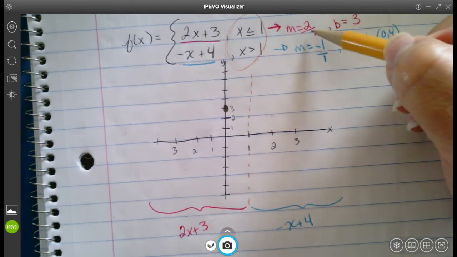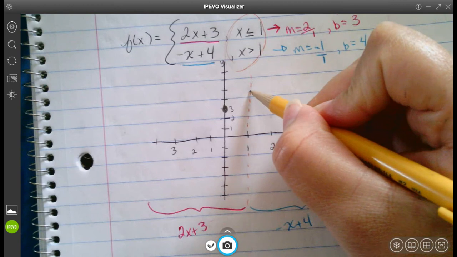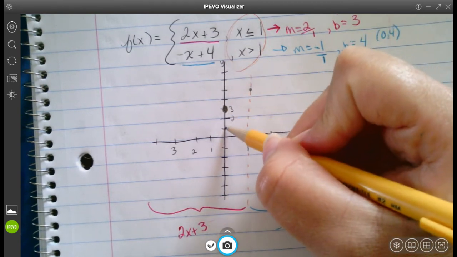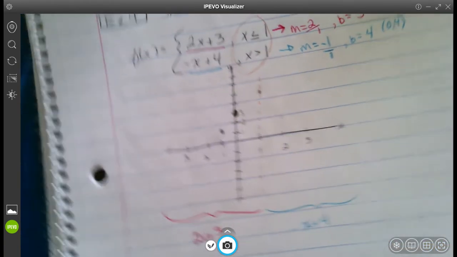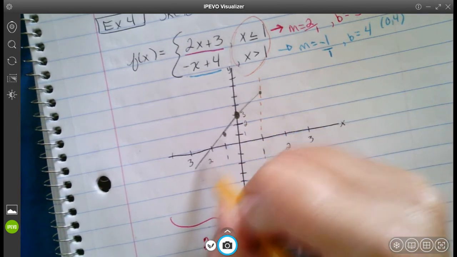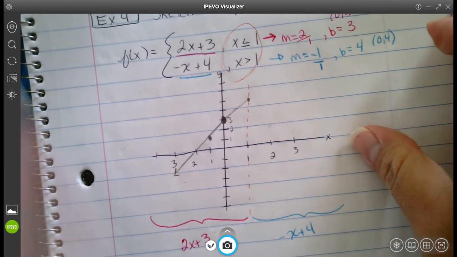And the slope is 2 over 1. So that means I'm going to go up 2 and then over 1. My graph's a little bit crooked, but that's okay. And then down 2 and over 1. So it's going to be kind of like that, hopefully yours is straighter than mine. But we're just sketching it. So even if it's not perfect, that's fine.